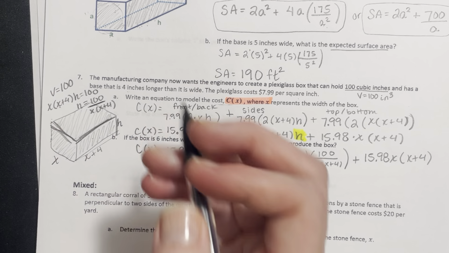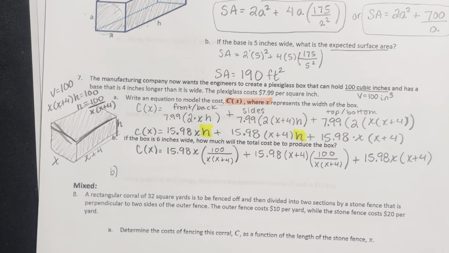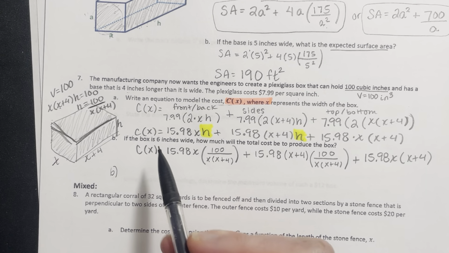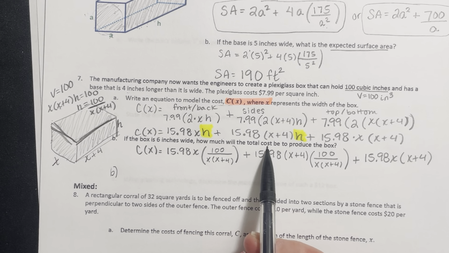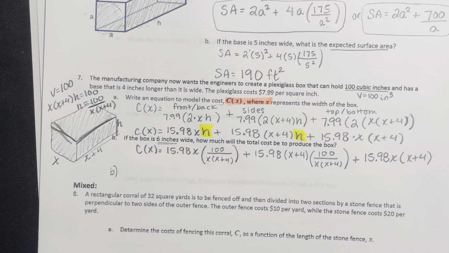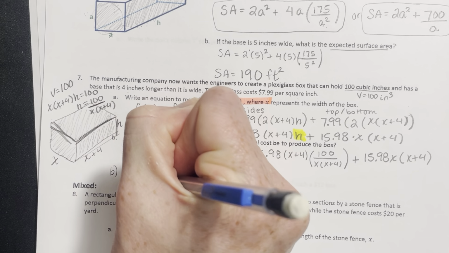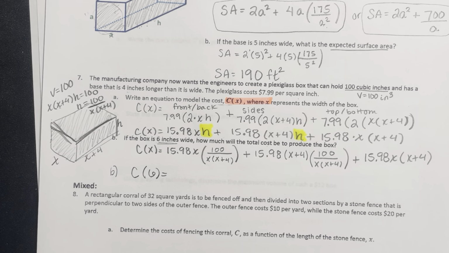But in part B, we care about what is the box cost if the box is 6 inches wide. So x is the width. You're finding C of 6 and plugging that in.